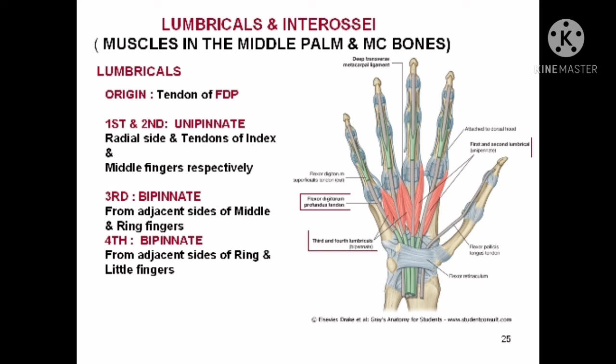The first and second are unipennate, and they arise from the tendons of the index and the middle finger respectively. The third and the fourth are bipennate. The third arises from the adjacent sides of the middle and the ring fingers, and the fourth from the ring and the little fingers.